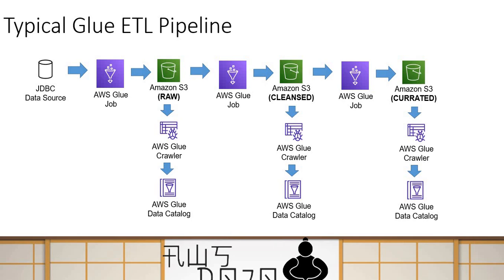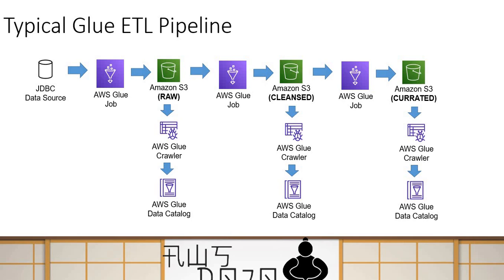So this is how a typical ETL pipeline looks, and you can see that it's using a set of crawlers, a set of Glue jobs and data storage. They have to run in a certain sequence, in a certain workflow, in order to complete the whole journey from source data to curated data. And that's why I'm calling it a pipeline, and people call it a pipeline.